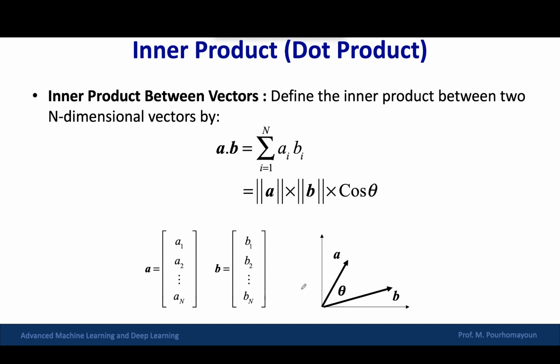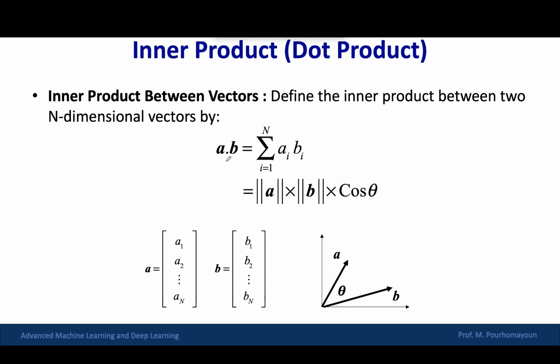All right, so the inner product is very important when we talk about vectors. It's an operation, also called the dot product. This is the definition in n-dimensional space.